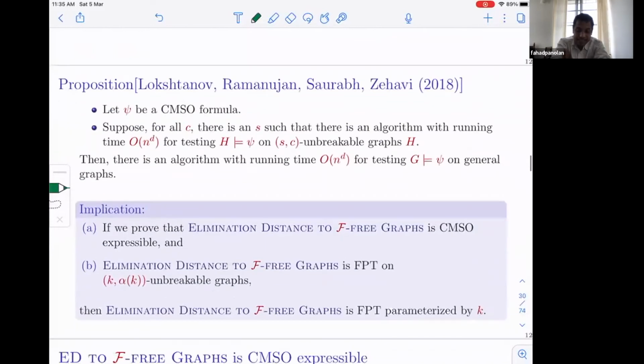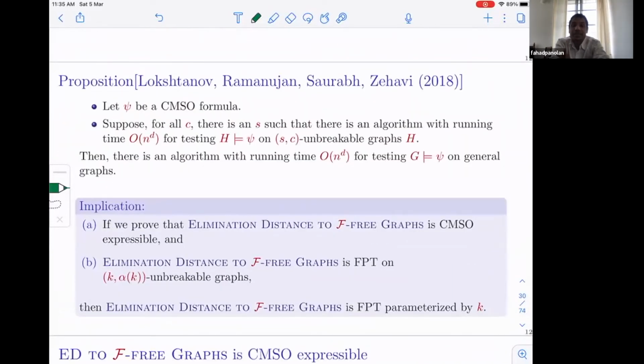If we prove that our problem, elimination distance to F-free graphs, is CMSO expressible, and elimination distance to F-free graphs is FPT on k comma alpha k unbreakable graphs for all k, then elimination distance to F-free graphs is FPT parameterized by k on general graphs.